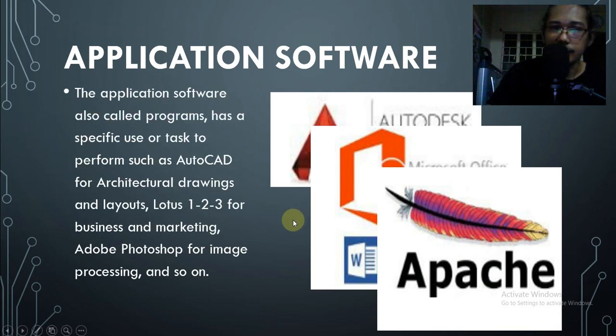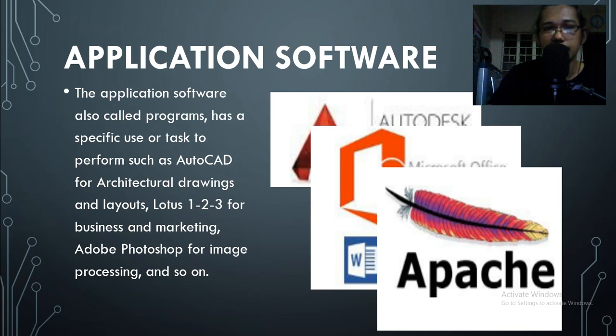Application software are also called programs, has a specific use or task to perform, such as AutoCAD for architectural drawing and layouts, Lotus 123 for business and marketing. Adobe Photoshop naman ginagamit for image processing, video, audio, animation.